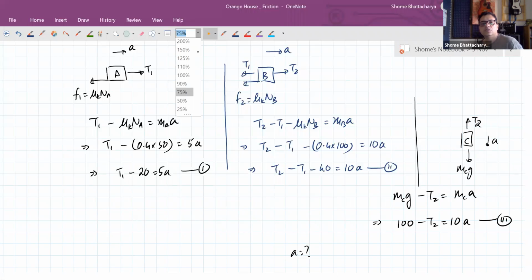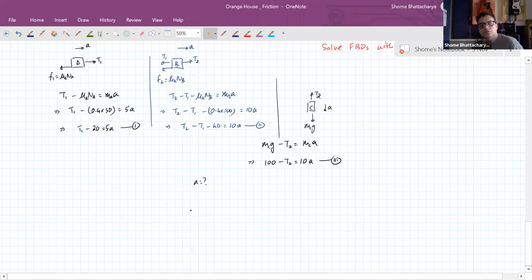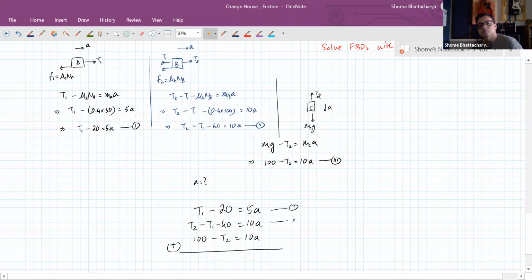That's pretty easy. You can just add the three equations. If you put them one after the other, you'll realize adding will get rid of tensions. Just add all these equations. So T1 cancels, T2 cancels, and we are left with 100 minus 20 minus 40 on this side.